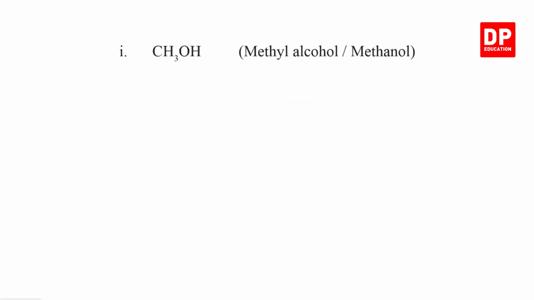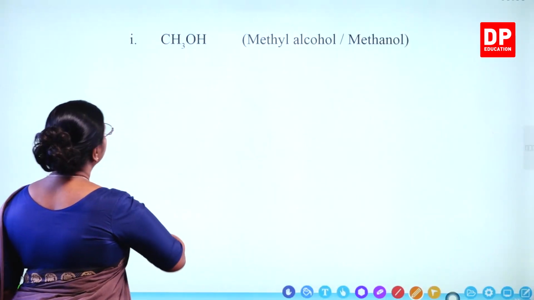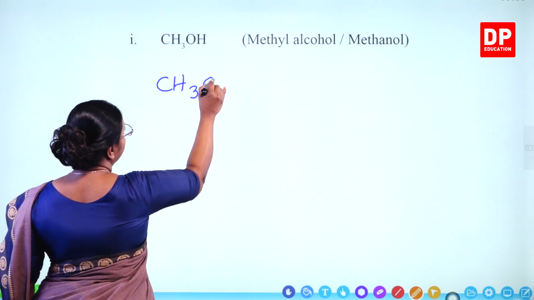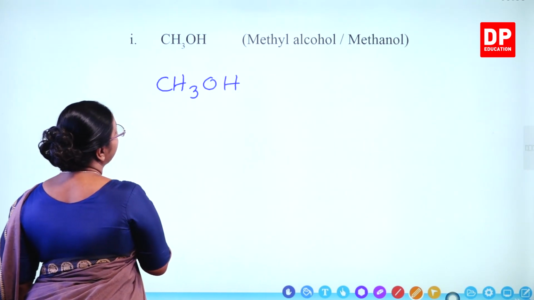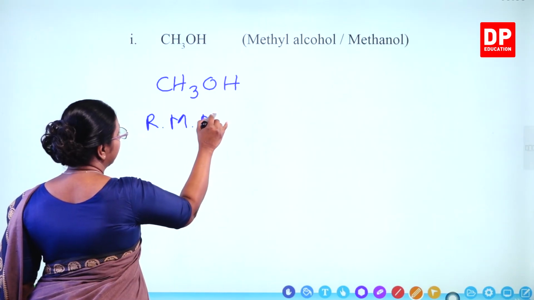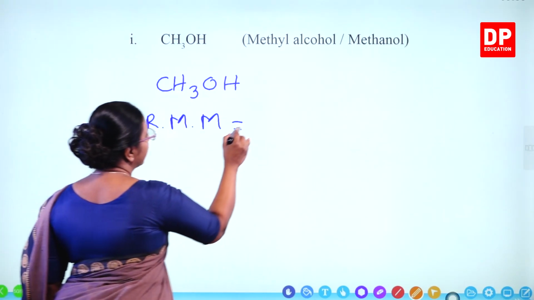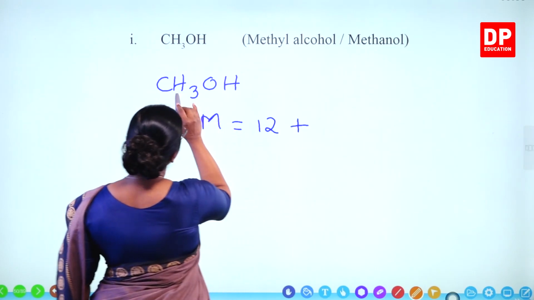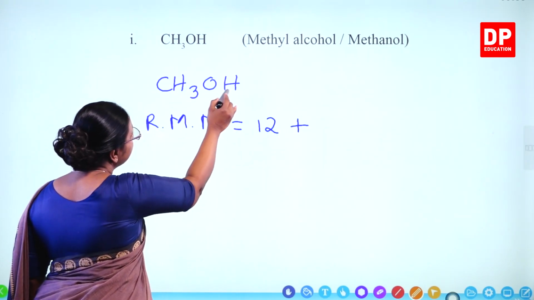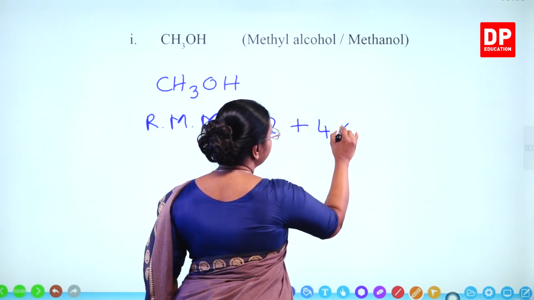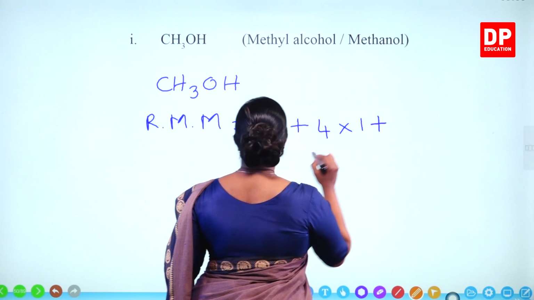CH3OH, that is methyl alcohol. So here, I'll rewrite the formula CH3OH. So how do you calculate relative molecular mass? There is one carbon, so it's 12. Then hydrogen, you can see H3 and H. So there are 4 hydrogens. So 4 times 1.